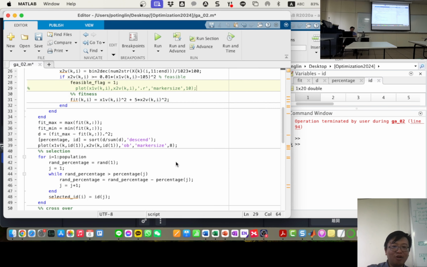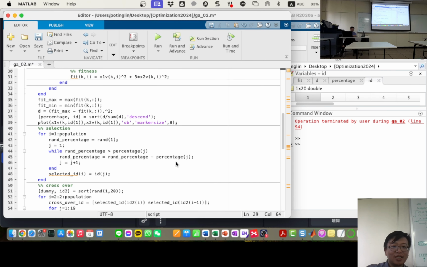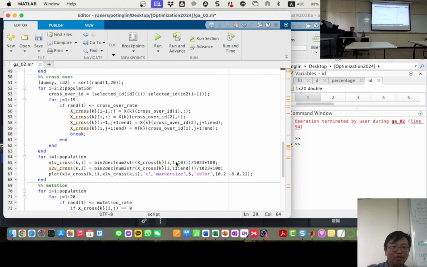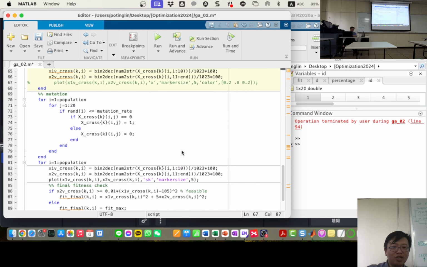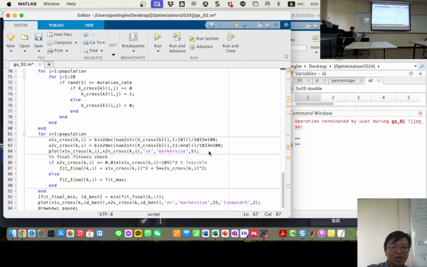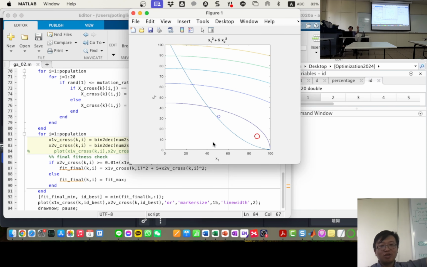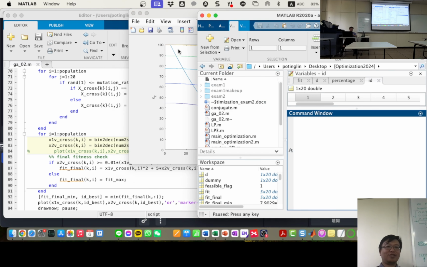And overall best, I think we keep it. After crossover, I think we don't draw it anymore. After mutation, we don't draw it anymore. Okay, that's good. So blue is the overall best from the beginning. The red is the overall best out of crossover and mutation.